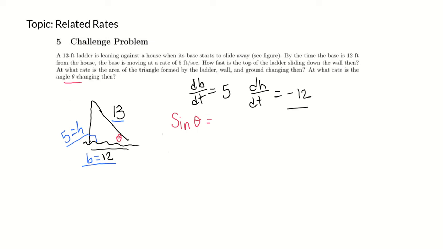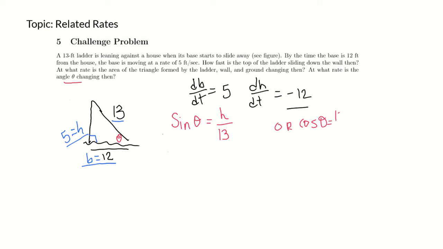And the opposite side is a variable. So the opposite side is h. But the hypotenuse side is the ladder, which is a constant, so that's 13. Okay, and now this is a formula for theta that involves theta. A different formula we could do would be cos theta, which is the adjacent side over the hypotenuse.